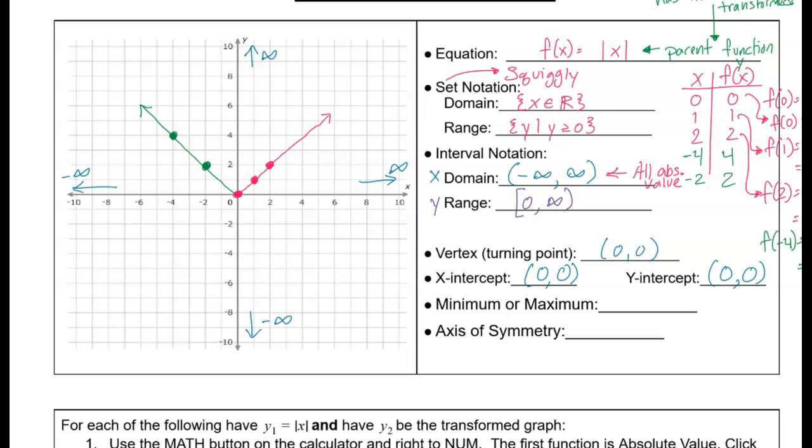Now when I say minimum or maximum, what I mean is, do we have a point that is lower than all of the other points on this graph? Or do we have a point that is higher than all of the other points on this graph? When I look at this graph, do I have a low point or do I have a high point?